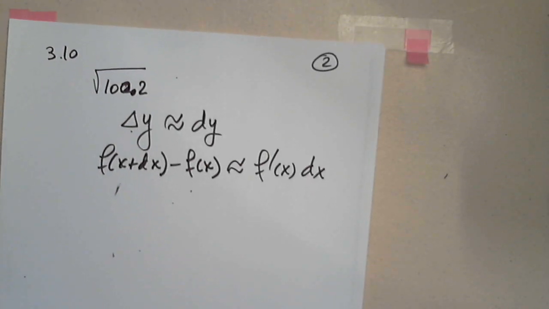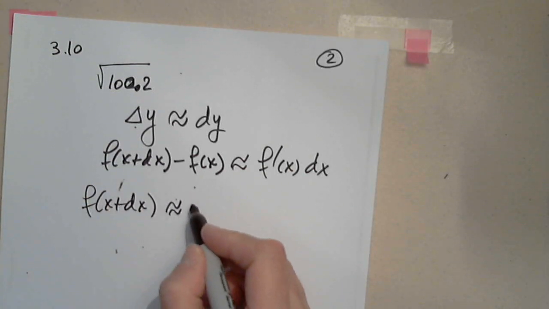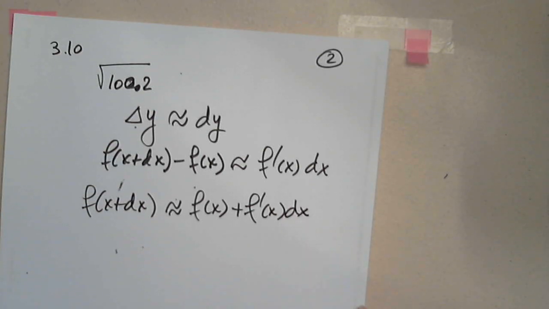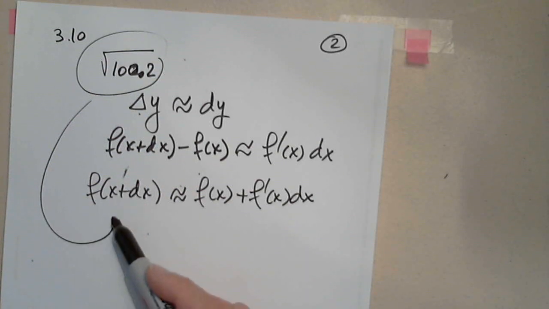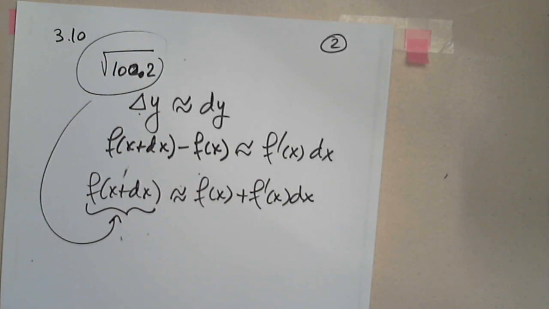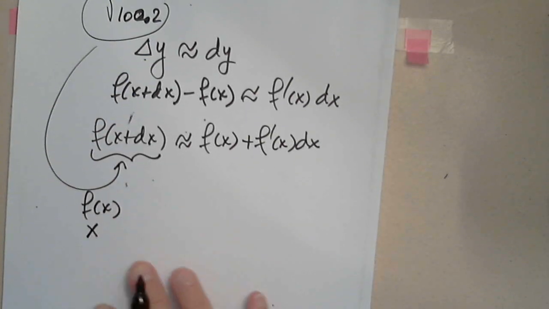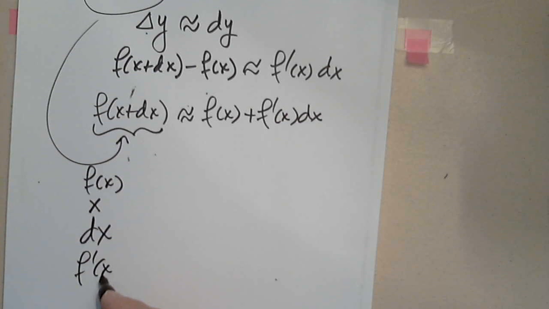Okay, now it's working. So then f of x plus dx is approximately f of x plus f prime of x dx. And this is all I need. I need to identify the function, I need to identify x, I need to identify dx, and of course after that I will find f prime.